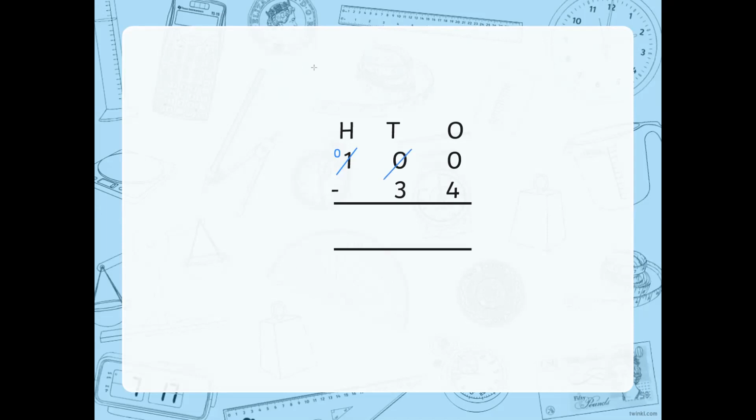So I've now got 9 tens and 10 ones. 10 take away 4 leaves me 6. 9 take away 3 leaves me 6. I change 66 pence. Same answer, different method.